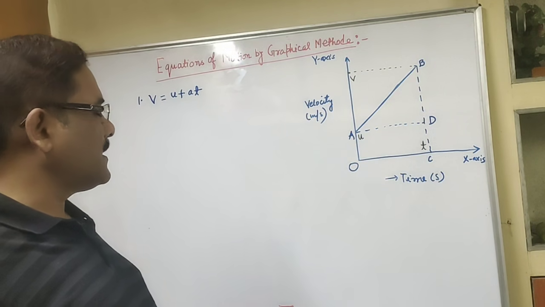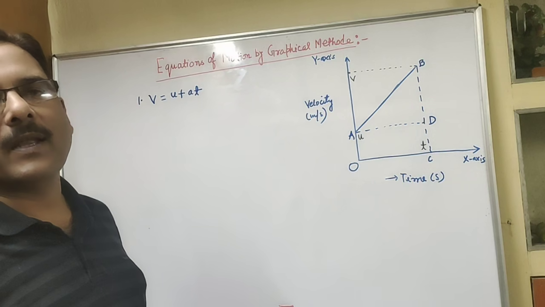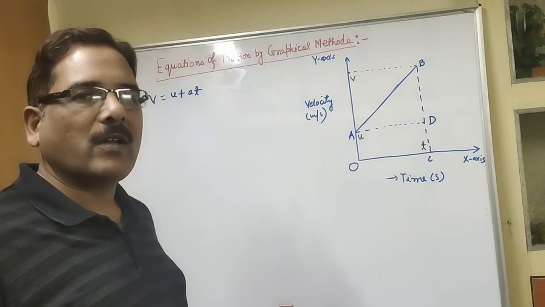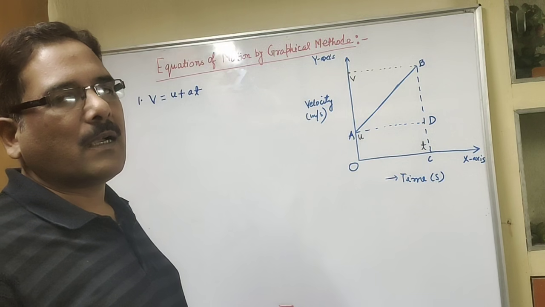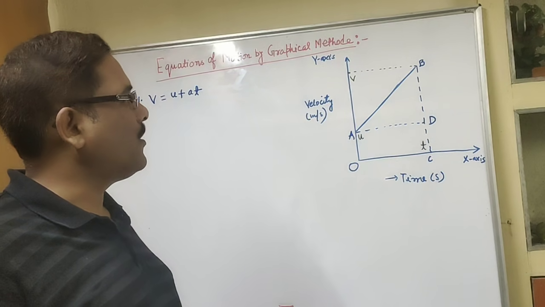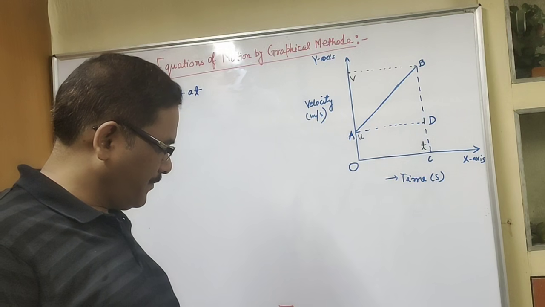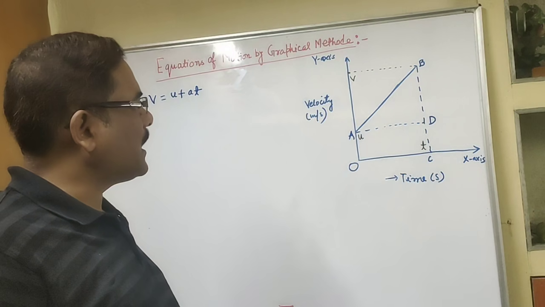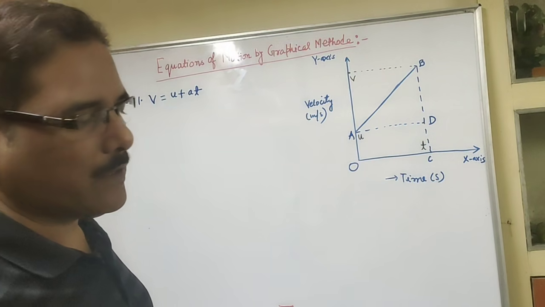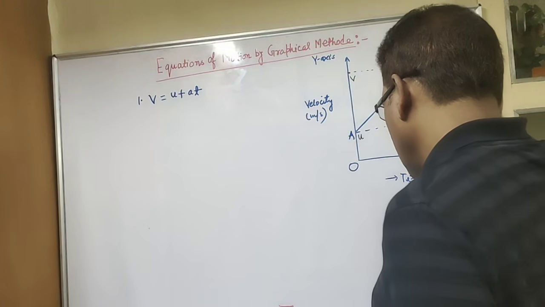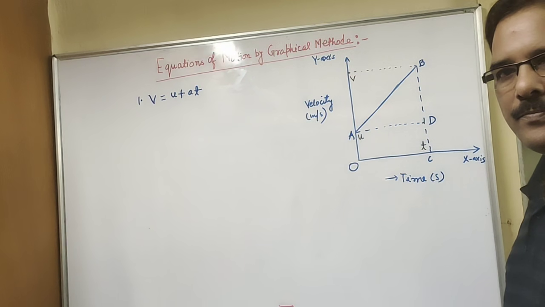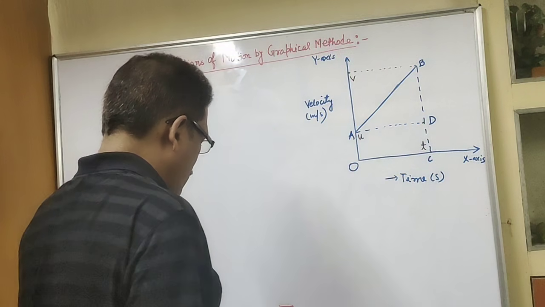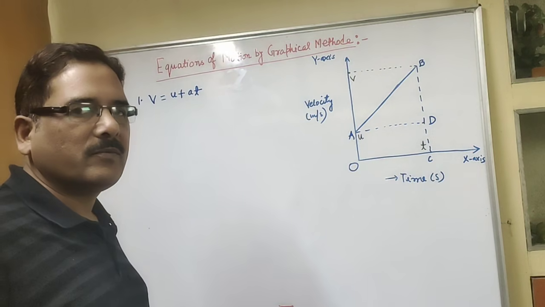So first describe the graph and write a few lines. Write: considering velocity time graph of an object that moves under uniform acceleration, as shown in figure.